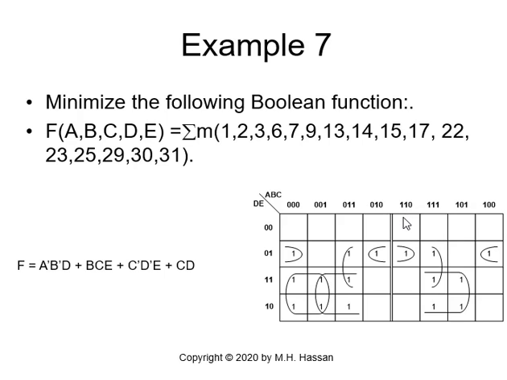Okay, so I will generate actually A prime, the 1 will cancel with the 0, so A is cancelled, and the 1, the 0, the 1 will cancel with the 0 for A, so A is cancelled.